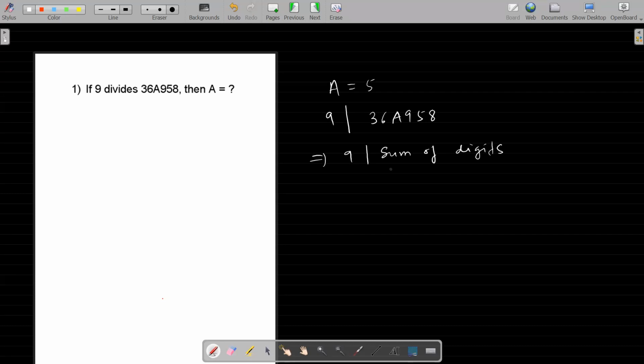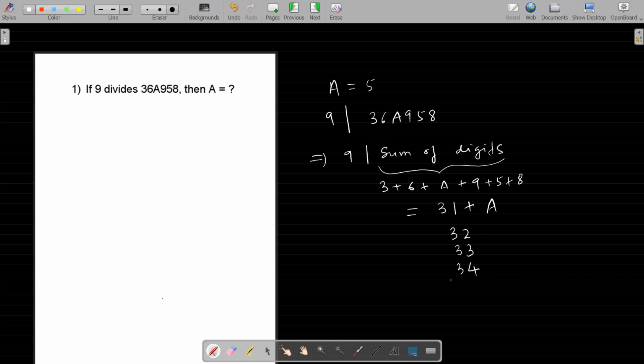And what is the sum of digits? 3 plus 6 plus A, we don't know, plus 9 plus 5 plus 8, and this turns out to be 31 plus A. Now if I take A as 1, for example, then the sum will be 32. If A is 2, the sum will be 33. If A is 3, the sum will be 34.